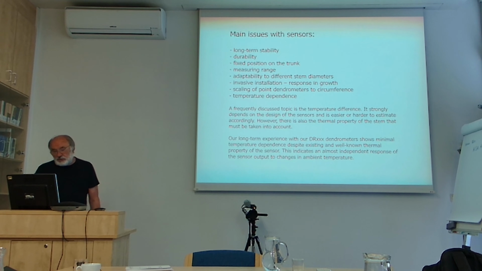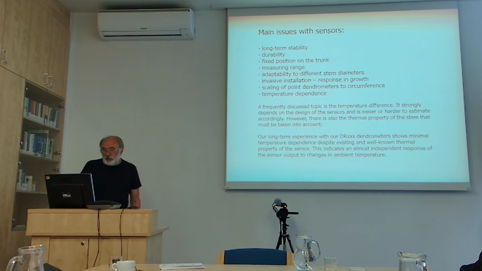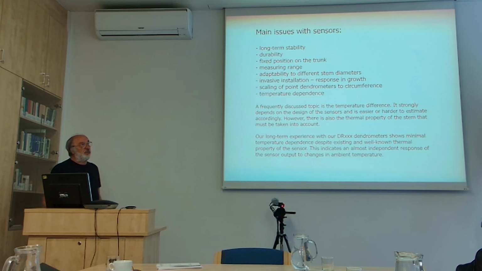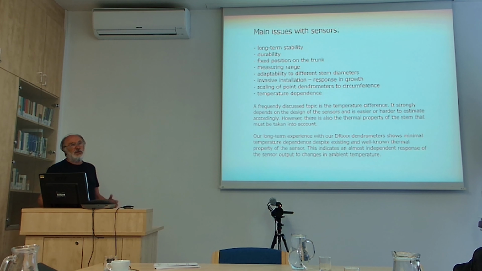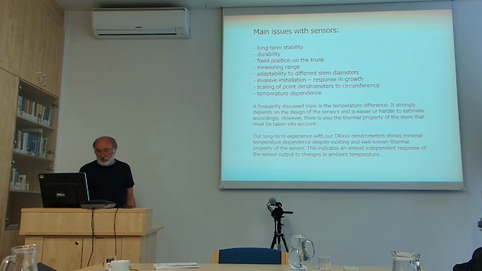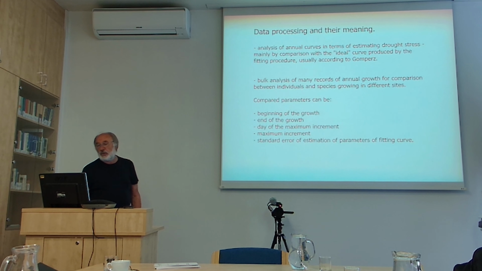So finally, we suppose that the measurements with dendrometers are more or less independent of the ambient temperature changes, just because both the tree and the sensor respond the same way.